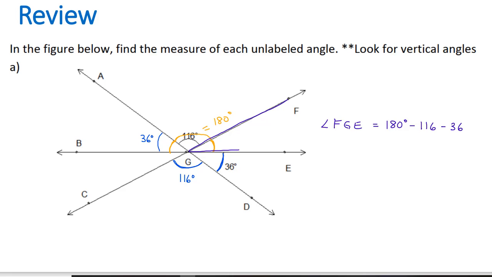So when we do that, we're going to come out with a result of 28 degrees. So this FGE angle is 28 degrees, and that means that the angle across from it, its vertical angle, CGB or BGC, this one is also 28 degrees. So we can use our knowledge of vertical angles and angles on a straight line to solve for missing angles in a figure like this.